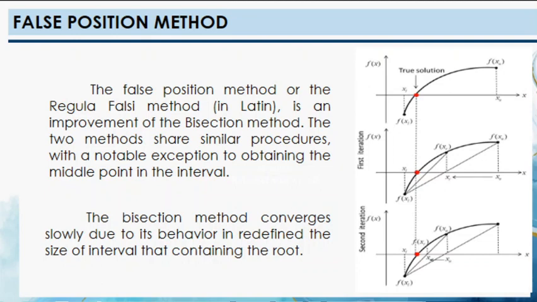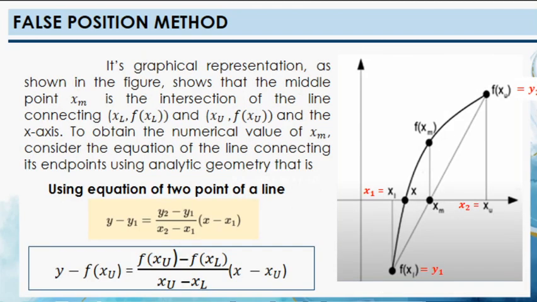Parehas sila ni false position. Ang pagkakaiba lang nila is yung formula in determining x sub m, or yung middle point in the interval. Sabi din dito, the bisection method converges slowly due to its behavior in redefining the size of the interval containing the root.